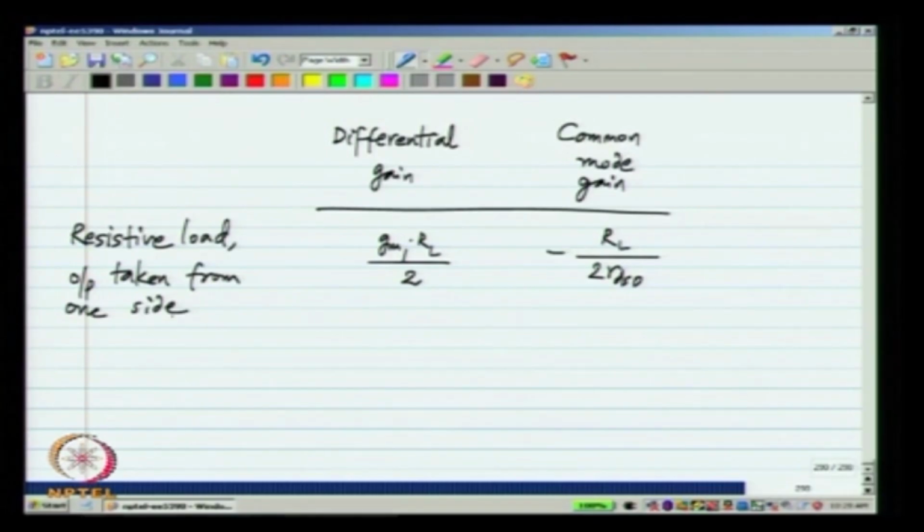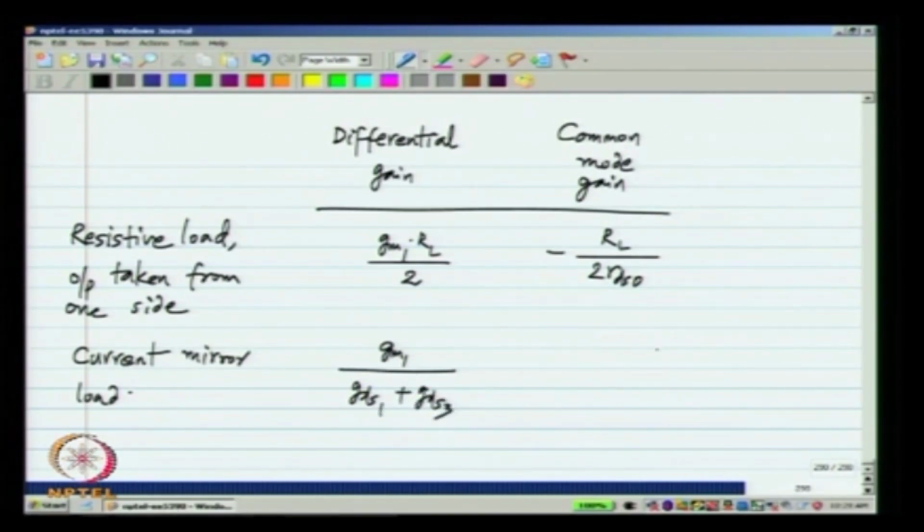It will be negative, and if you have a current mirror load, the differential gain will be GM1 by GDS1 plus GDS3, and the common mode gain will be minus 1 over 2 RDS0 GM3. Okay.